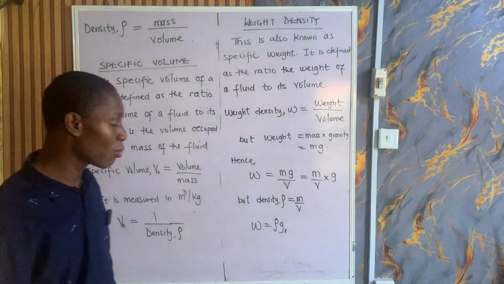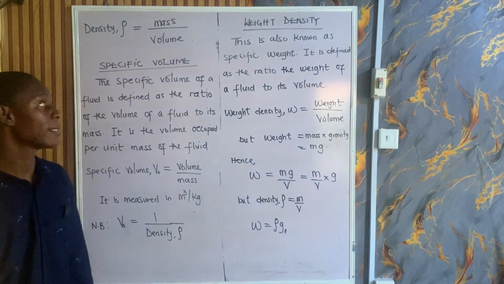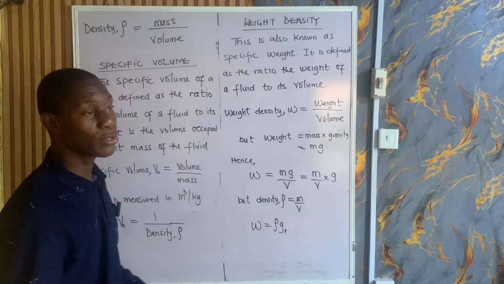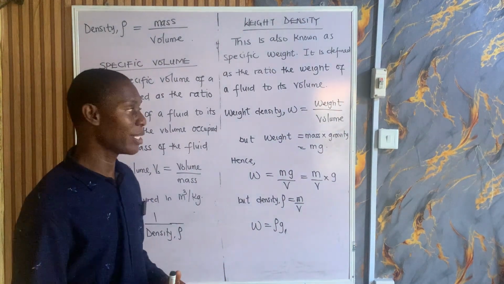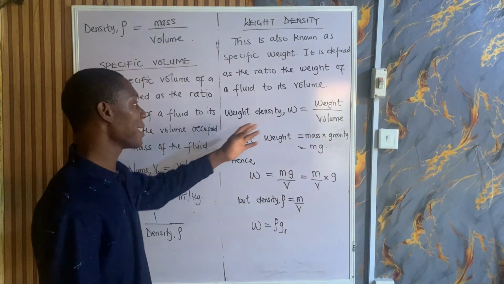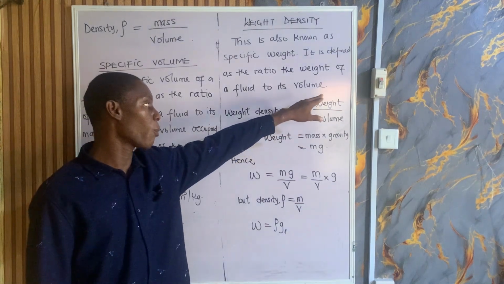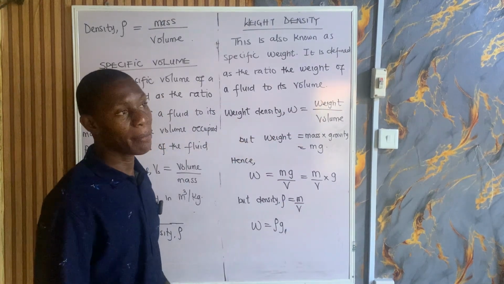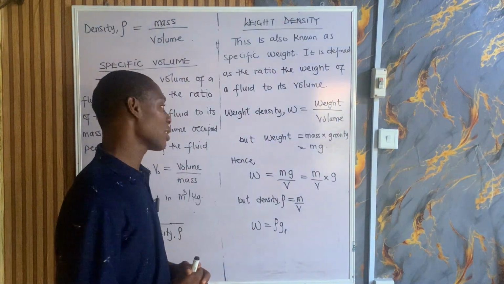The next property we'll talk about now is the weight density. It's also known as specific weight, and is simply the ratio of weight to the volume of a fluid. Weight density, represented with W, is weight over volume. But remember now that weight is mass times acceleration due to gravity.